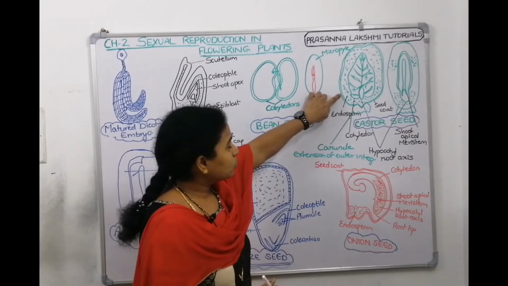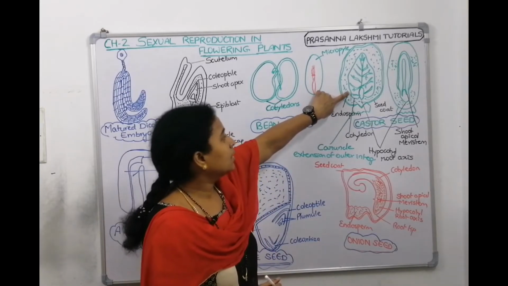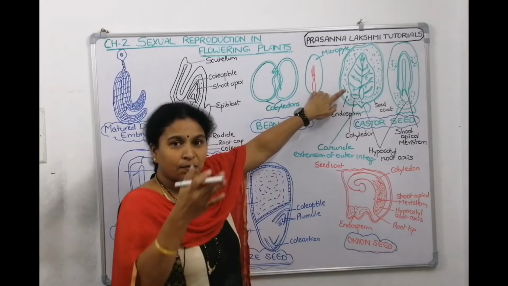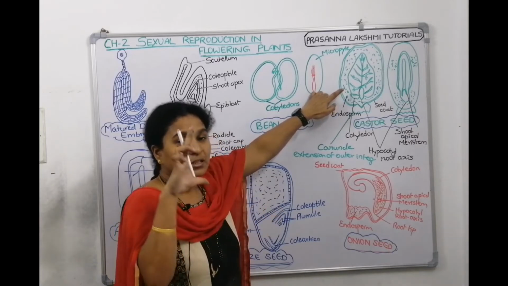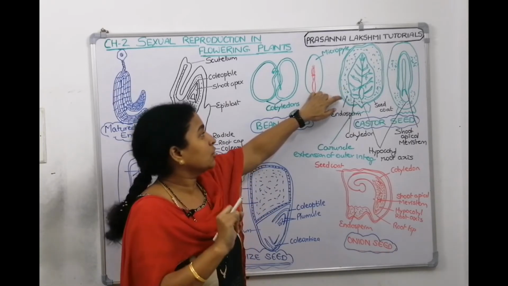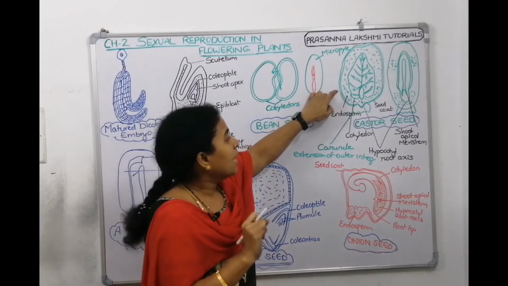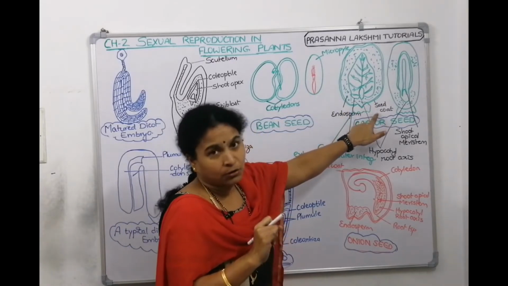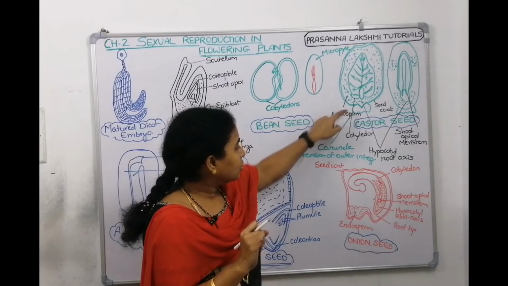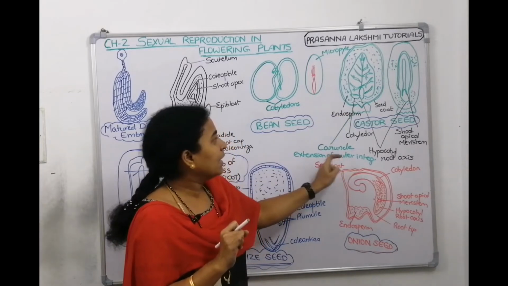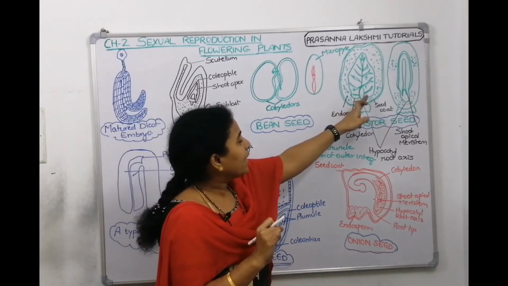So this is endosperm, this is cotyledon, and two cotyledons are there, one in the front, the other one at the back. It's a big oblong, mottled structure, and this is the seed coat. This is the enlarged outer integument called the caruncle, and inside we find venation.